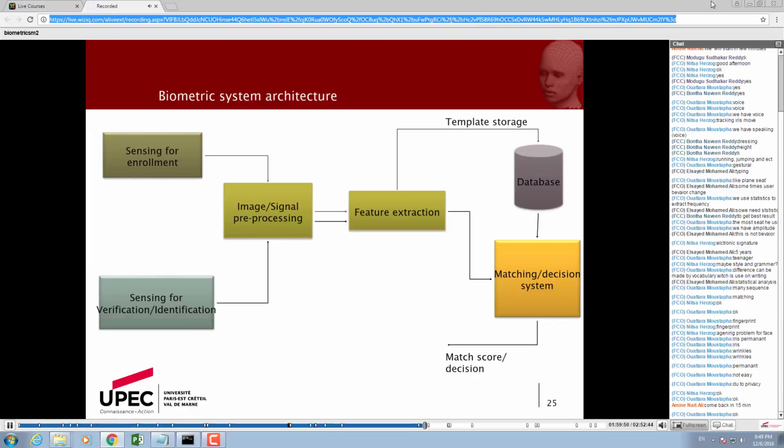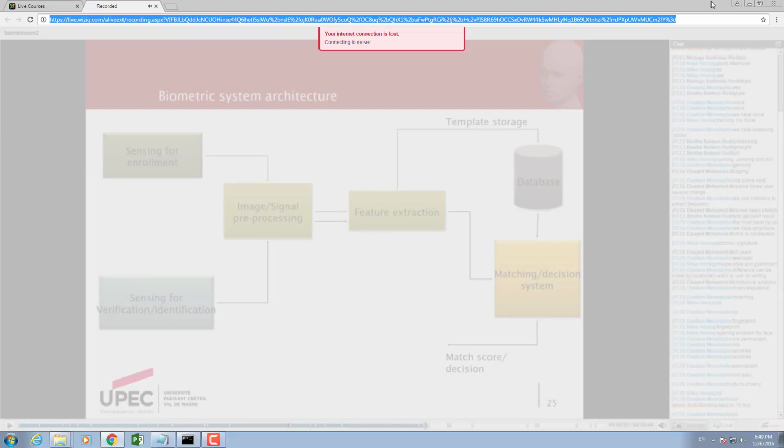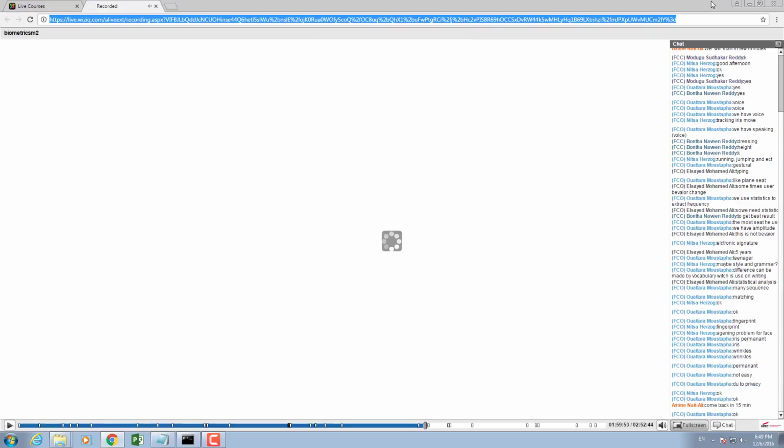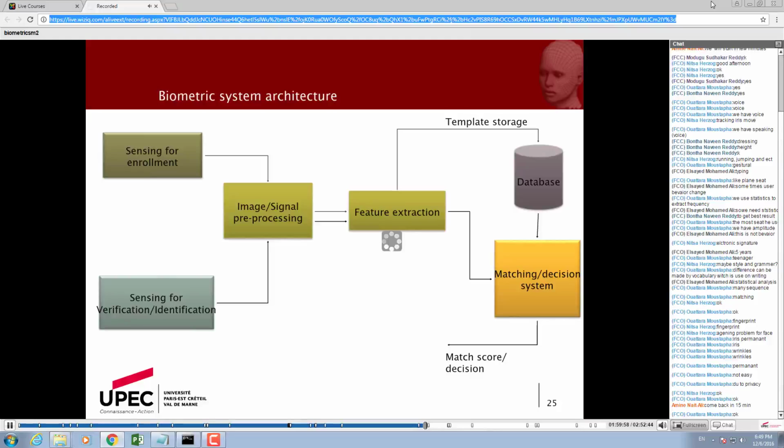Identification is related to a database.